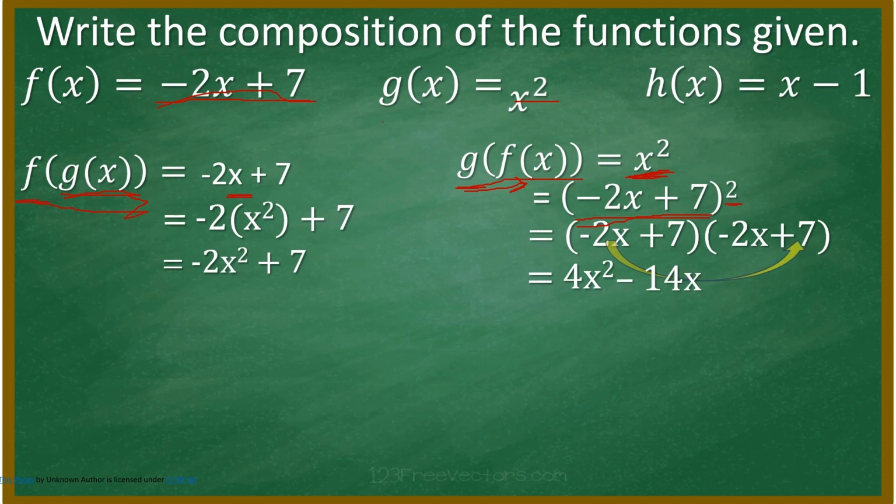Negative 2x times the 7 gives us negative 14x. And then we move over to the 7. We multiply that times the negative 2x, which gives us negative 14x. And we have to multiply 7 times 7, which is 49. And then we simply simplify.